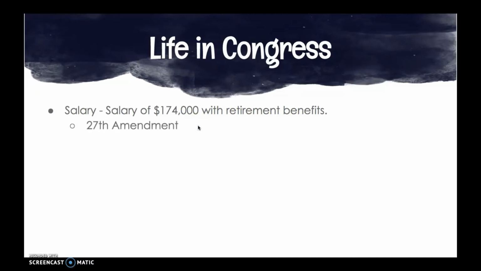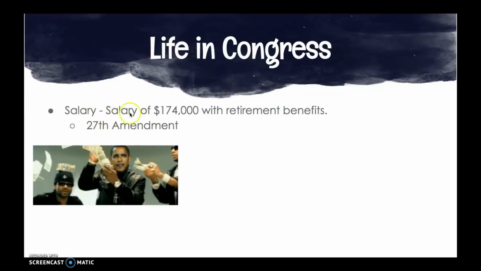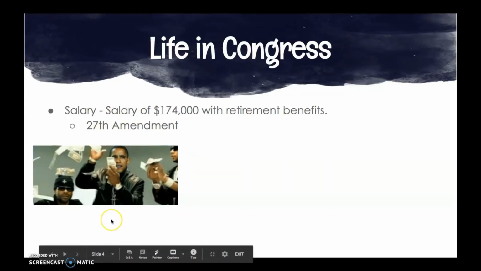Now, I want to mention the 27th Amendment. And the 27th Amendment, since Congress sets their own salary, prohibits any law that increases or decreases the salary of members of Congress from taking effect until the start of the next set of terms for those representatives. So the idea is, yeah, we can pay ourselves, but just not right now, right?